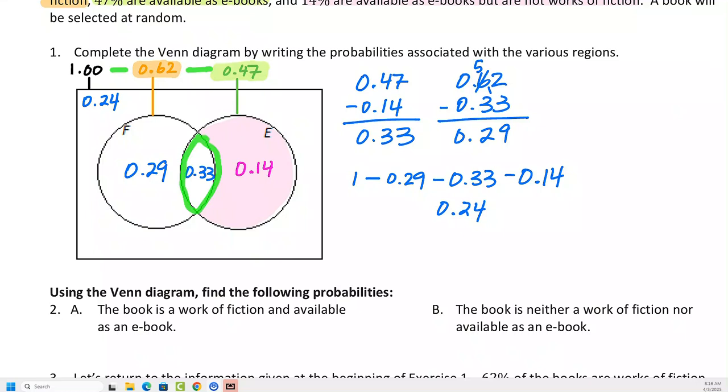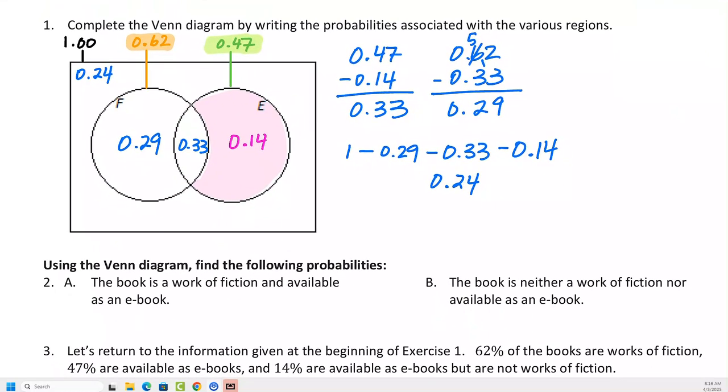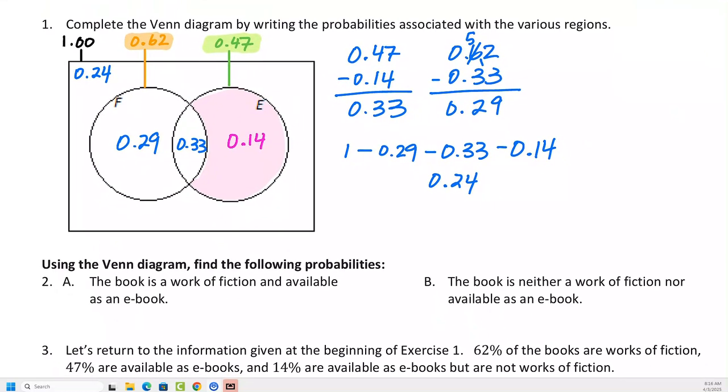So you'd actually be subtracting that middle section twice. Does that make sense? When you subtract the 0.62, you're subtracting this section once because it's a part of it, and then when you subtract the 0.40, you're subtracting that section again. Is that clear? It's an important part of understanding probability. Okay, can we move on?